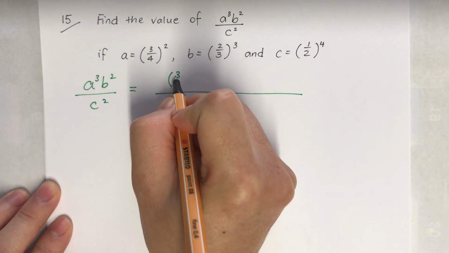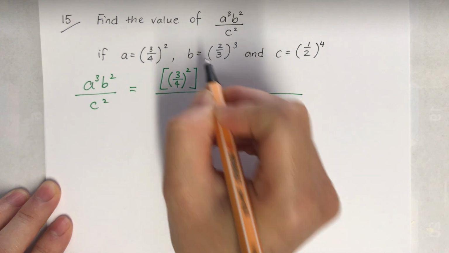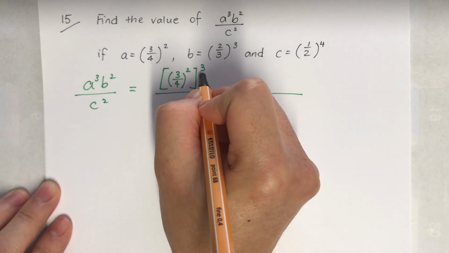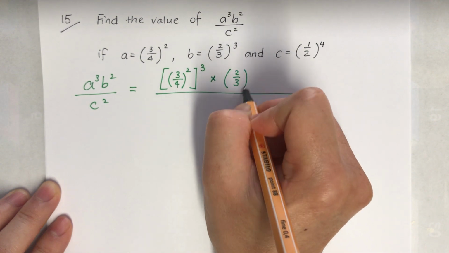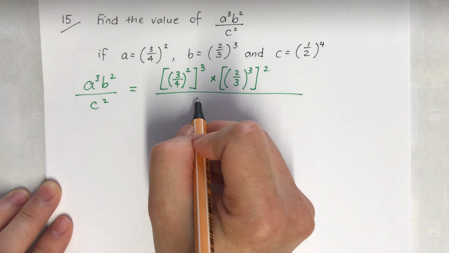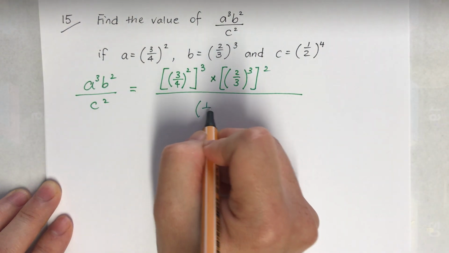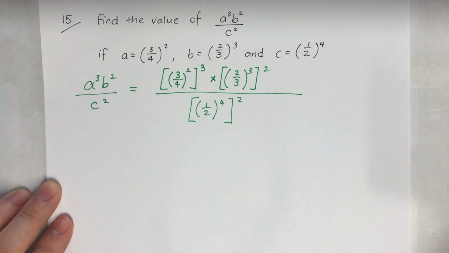So a was 3/4 to the power of 2, so I'm going to put that in square brackets with a cubed in it, times b was 2/3 squared. C will be 1/2 that. Okay, so I'm just going to do that.